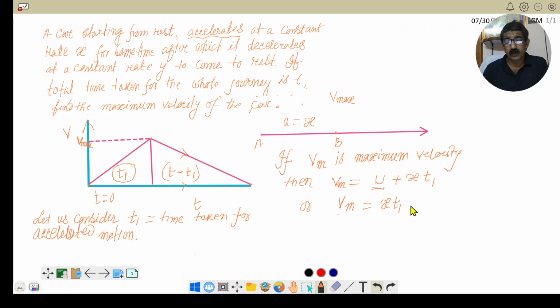So Vm is equal to x t1. This is the equation.